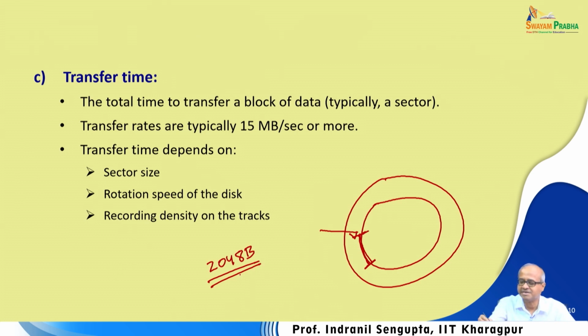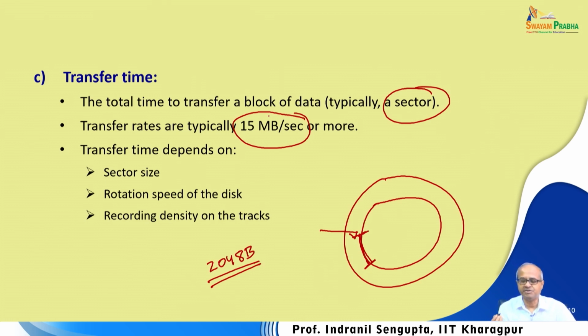As I said, in a disk the unit of data is a sector, and it depends again on the speed of the disk, how fast it is rotating and how densely you are recording it on the surface, how small or how big the sectors are, lot of things are there. Your transfer rates can vary, typically it is of the order of few megabytes per second, as I said 15 megabytes or even more.